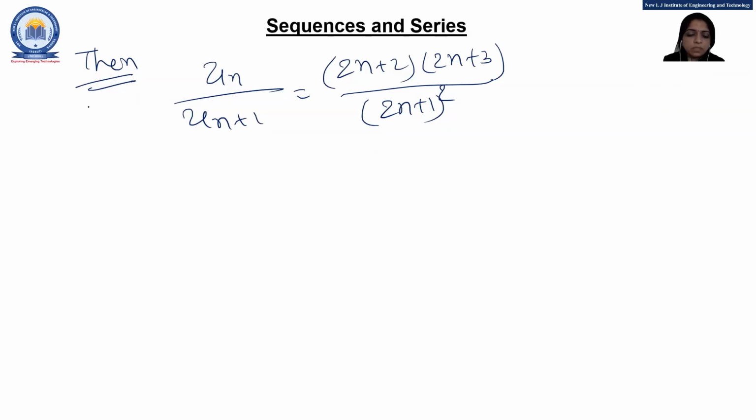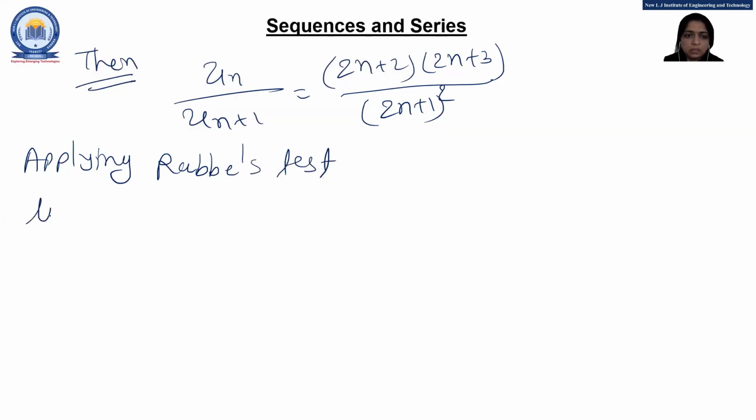Now, applying Raabe's test, the formula of Raabe's test is limit n tends to infinity n into (un upon un plus 1 minus 1), right?